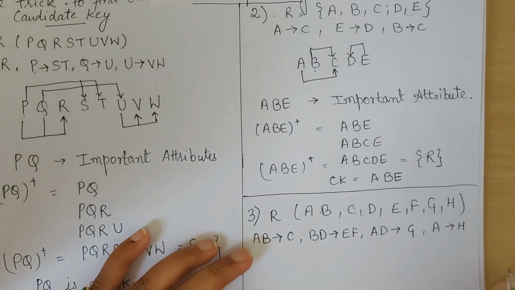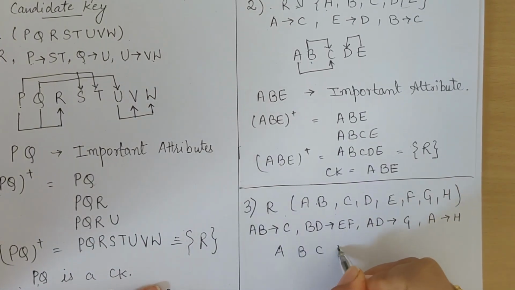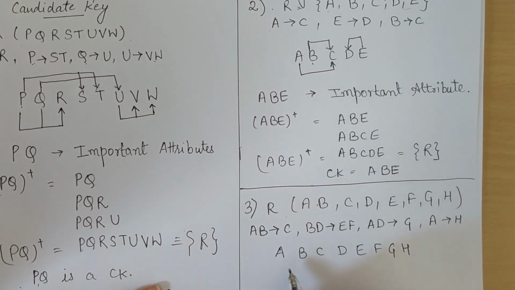Let's find the directors of the show. The actors are A, B, C, D, E, F, G and H. Who is giving direction?